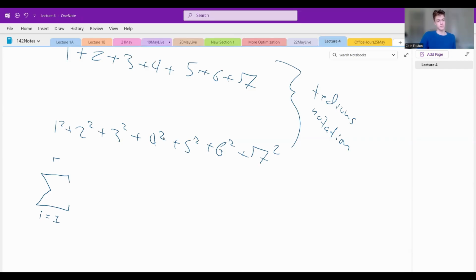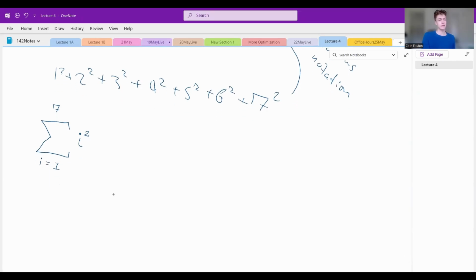So let's say up to 7. Now the index will always count by whole numbers. So the index needs to be an integer. And then in here, we're going to write something. So let's say we said i squared. And often what we write in there is going to be some function of i.